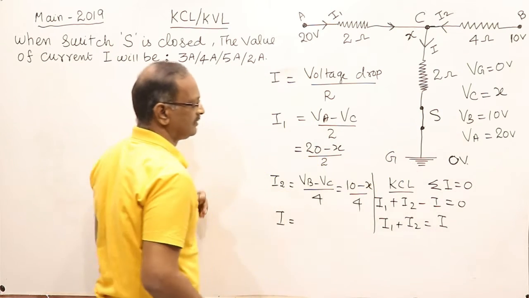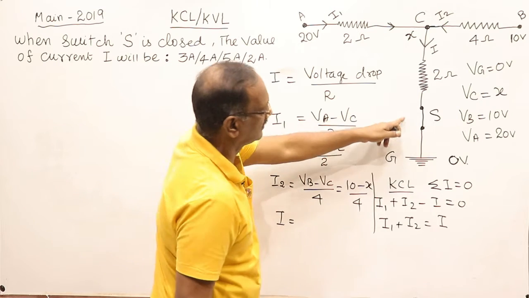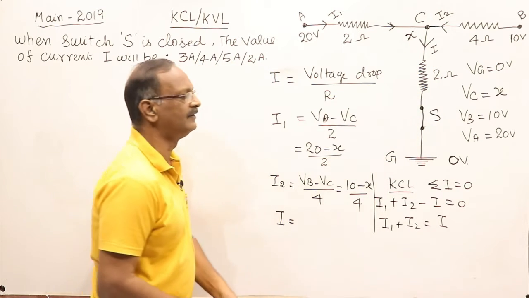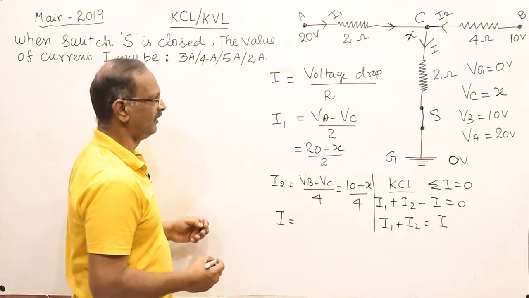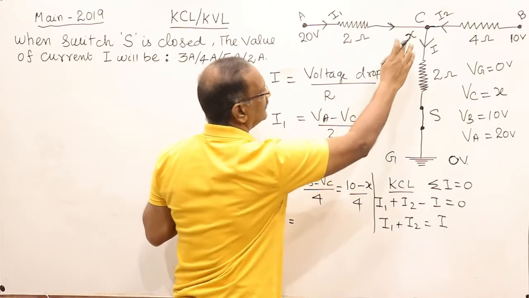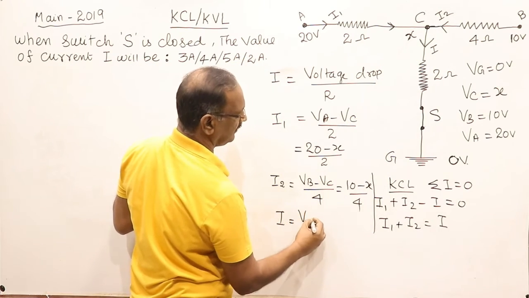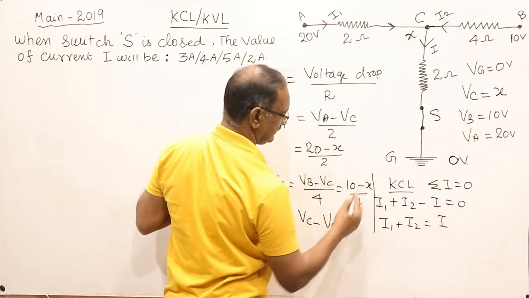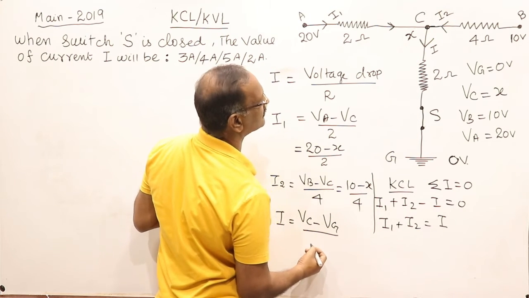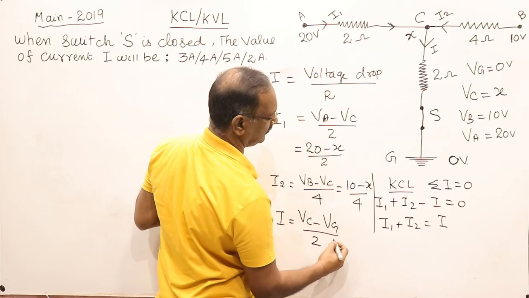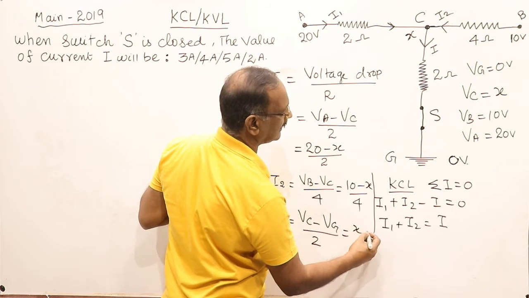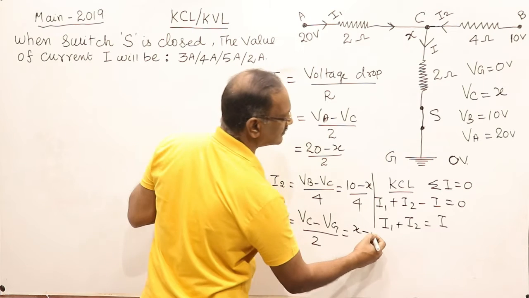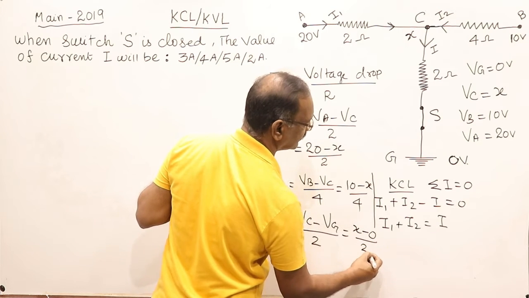When switch S is open, no current will flow, so I is equal to 0, but when it is closed, the current will flow. So I is equal to VC minus VG divided by the resistance, which is 2 ohm. VC is equal to X and VG is equal to 0, divided by 2.